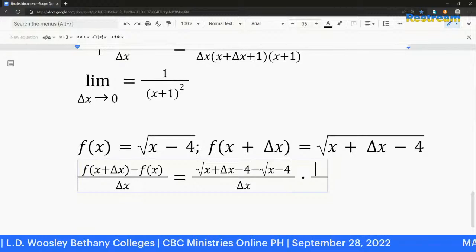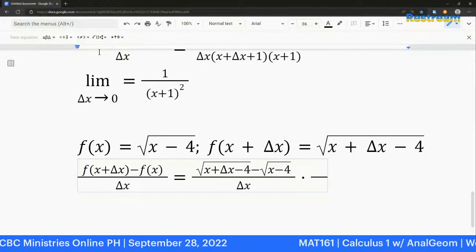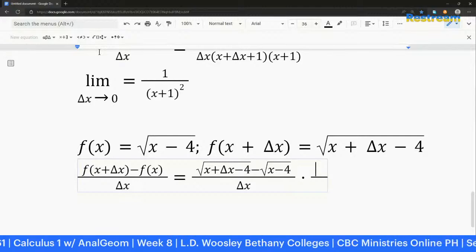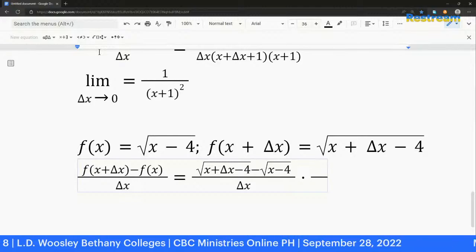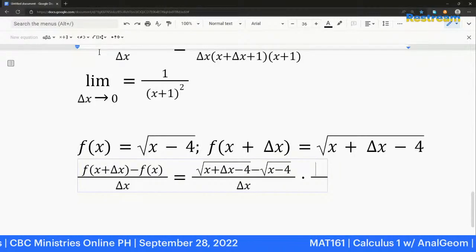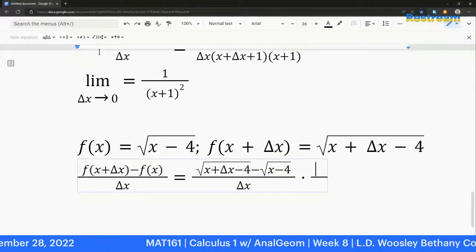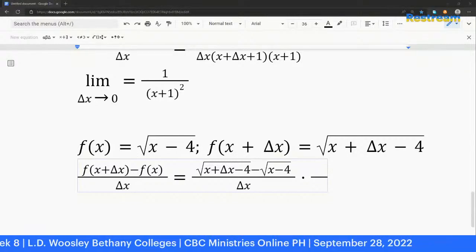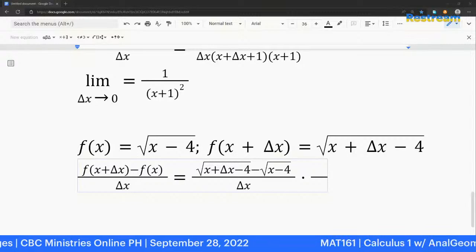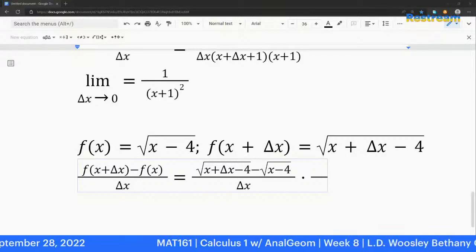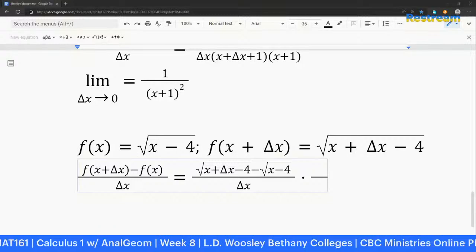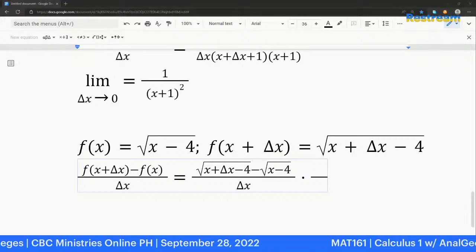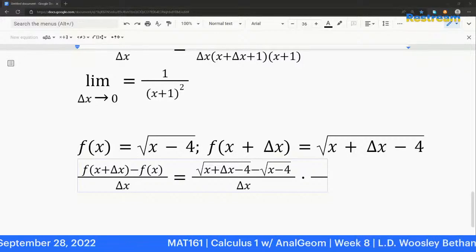Okay, what's the conjugate? Kaya guys, conjugate.